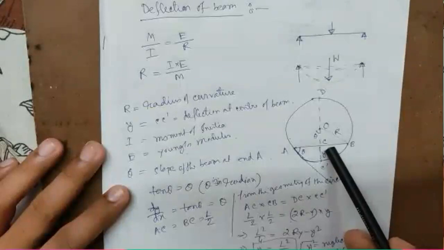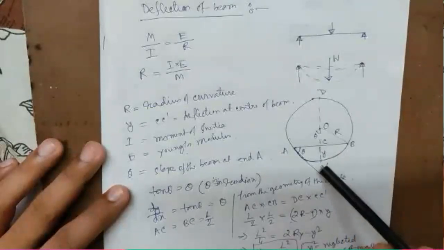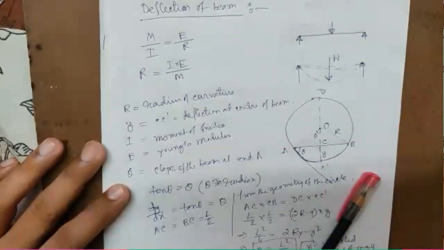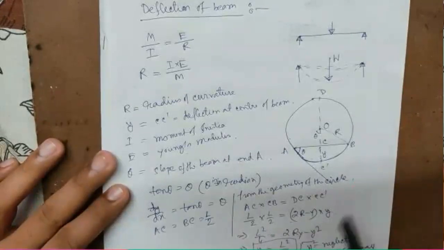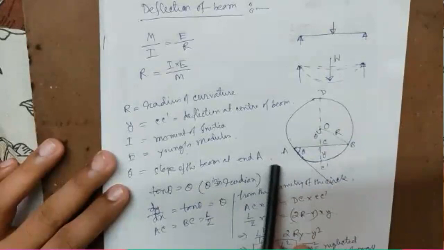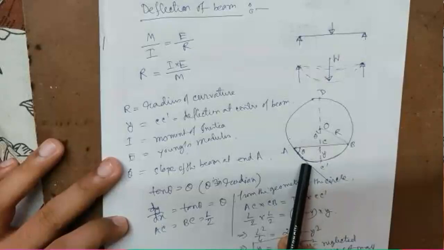When the center has deflection, this CC dot will be the deflection value, and that is denoted by Y. Now at end A, the tangent drawn on the beam will produce an angle theta. So theta is the slope at the end A.